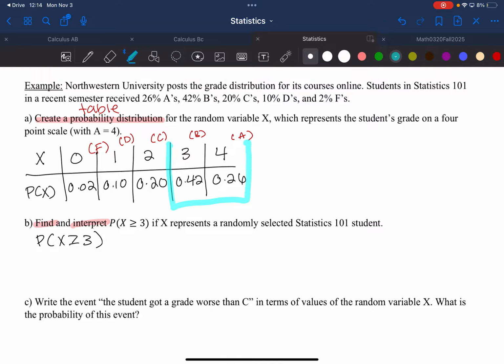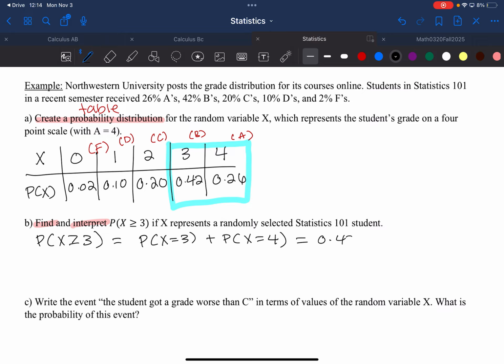These values here, 3 and 4, because it's greater than or equal to 3. We can write this as the probability of X equals 3 plus the probability of X equals 4, because that's ultimately what we're doing. We're adding those probabilities together. So that is 0.42 plus 0.26, which gives us 0.68. That is our find.